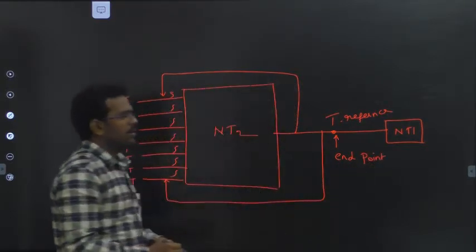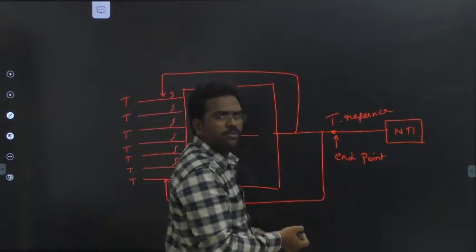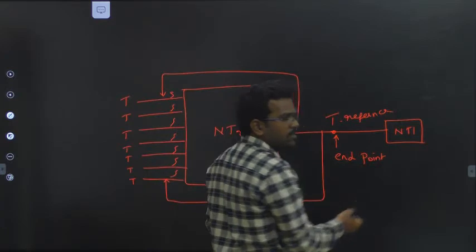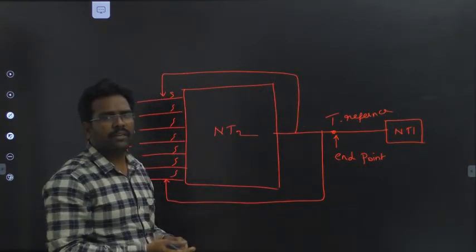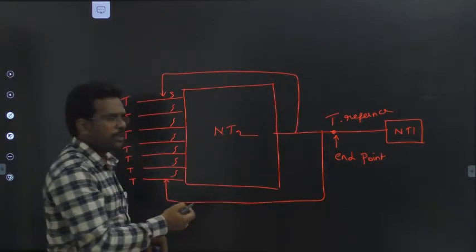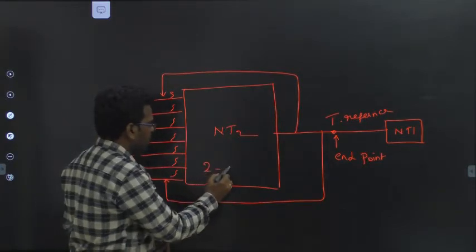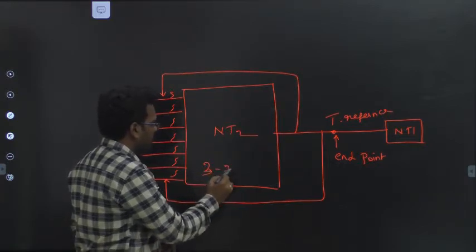Okay. We have already seen NT1, NT2. If I connect a reference point to NT1, it is able to access only layers 2 to 7. If I connect to the reference point at NT2, it can access from layers 3 to 7 or 4 to 7.